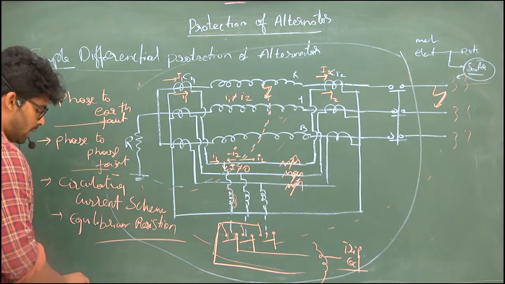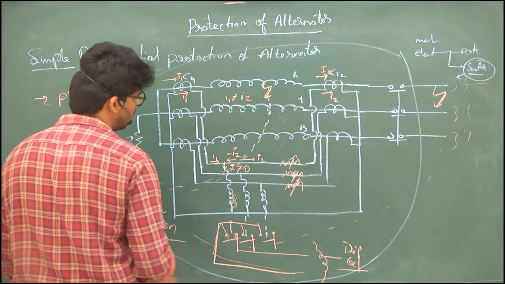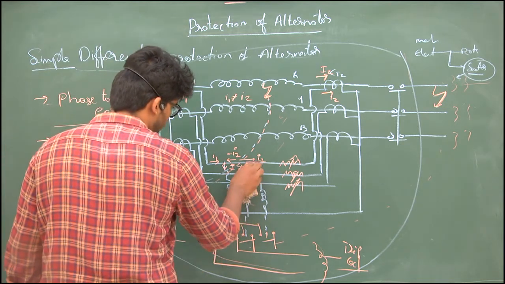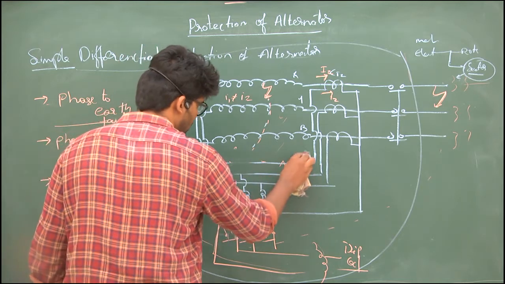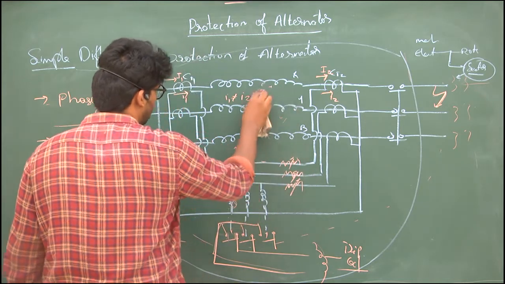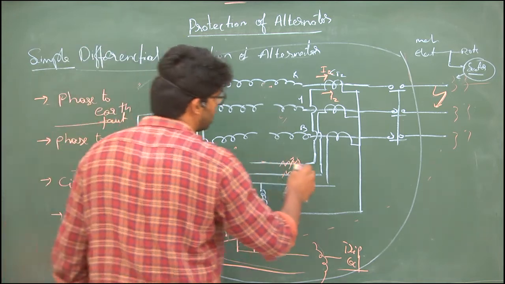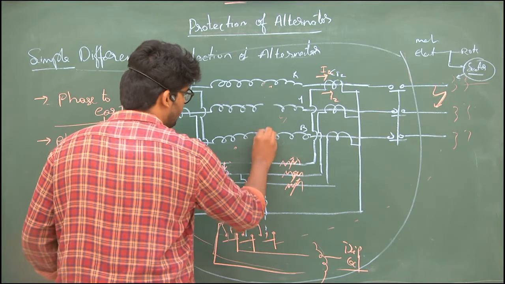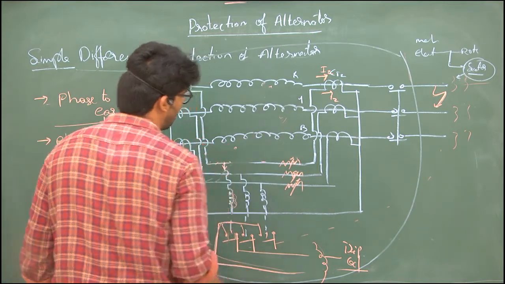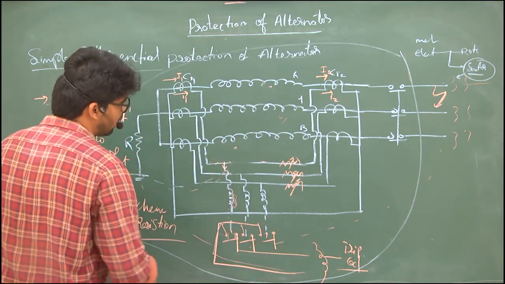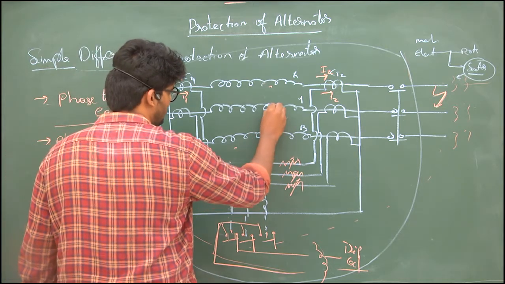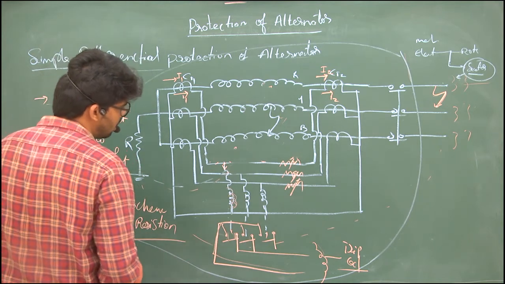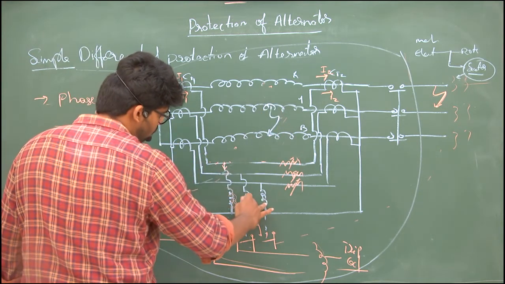What happens when a phase to phase fault occurs? For the same circuit, I'm not drawing again. I'm assuming that a fault occurs at these two phases. There will be an impact on these two coils.